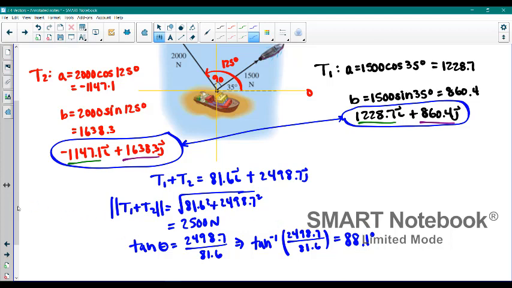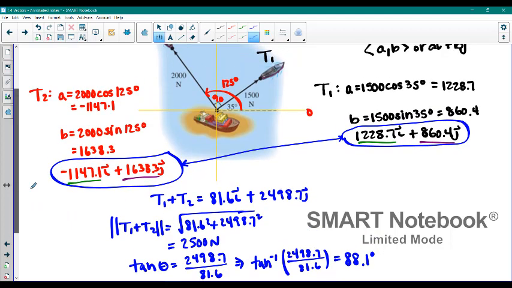Now we do have those quadrant considerations. You might think, how do we know that it's not going to quadrant 2, because it really is pulling off so close to vertical. You might have some questions as to whether it's in quadrant 1 or quadrant 2. Well, we have a positive positive, so positive positive tells me I am in quadrant 1.